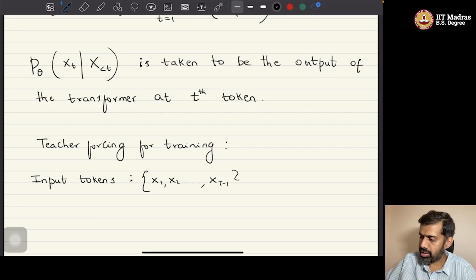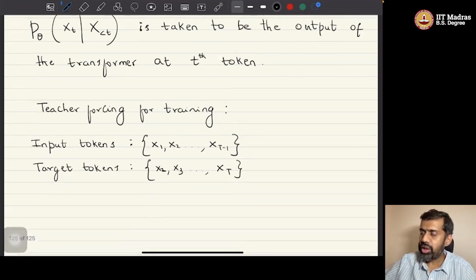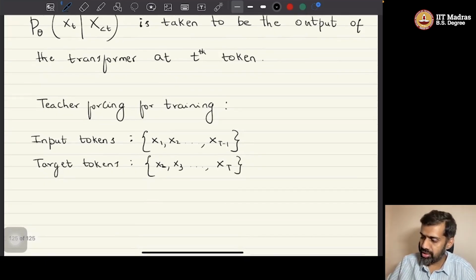The last token is discarded, and we take the target tokens to be x2, x3 up to xT.